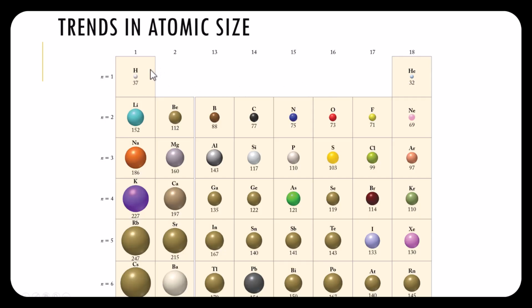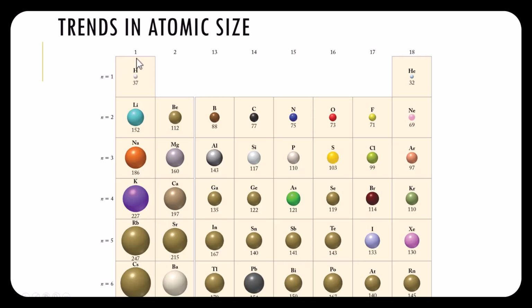Looking at that trend from top to bottom, first we see that the atomic size is going up. So as we move down the periodic table, our atoms are getting bigger. So this one's a pretty easy one to understand.